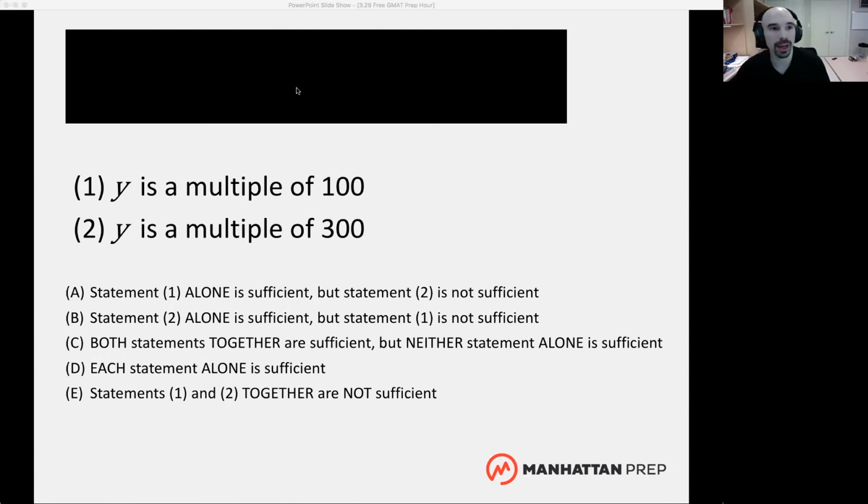So I'm going to draw an arrow here from statement 2 to statement 1 to show, look, if I know statement 2 is true, then I don't need you to tell me statement 1. I can infer that on my own. And the reason that's such a big deal is because some of these answer choices don't make sense. I can eliminate some answer choices without even reading the question when one statement implies the other.